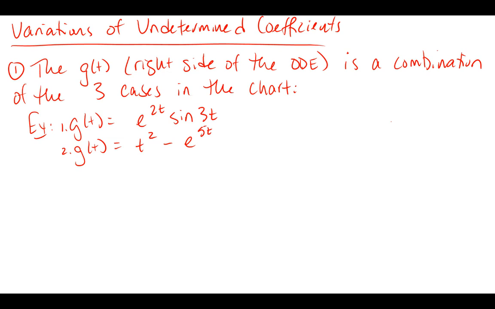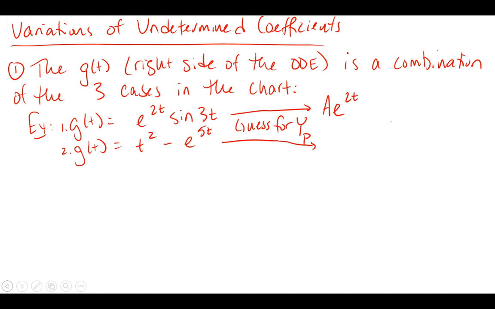So if I had, let's say, these two, what should I make for our guesses for our particular solution? Well, in the first case, I have an e thing, so I would probably guess A e to the 2t. That would handle the e portion.